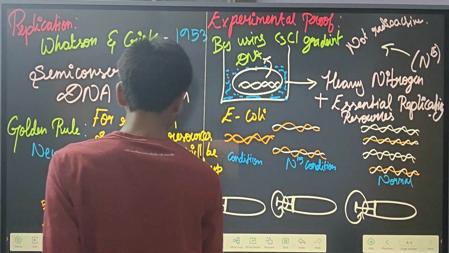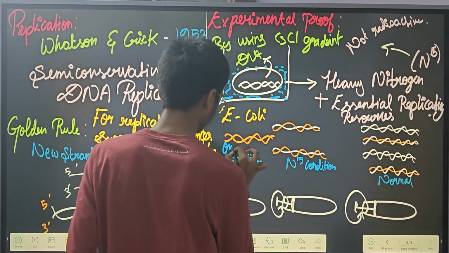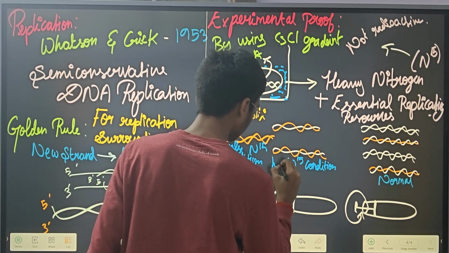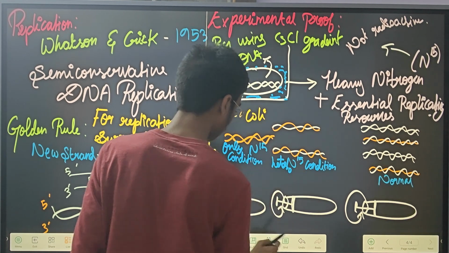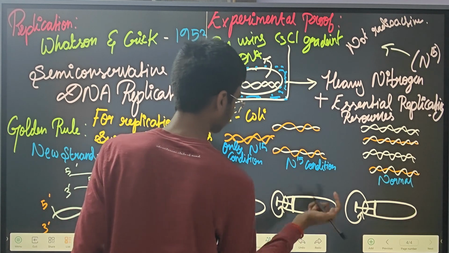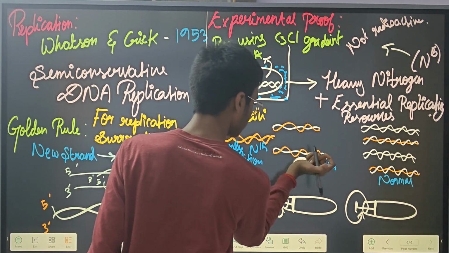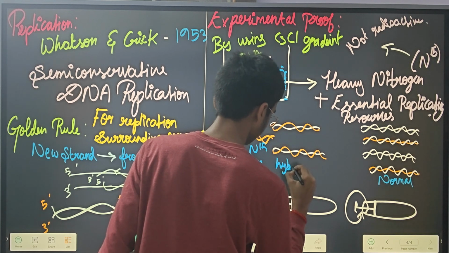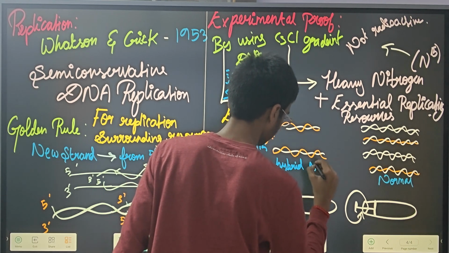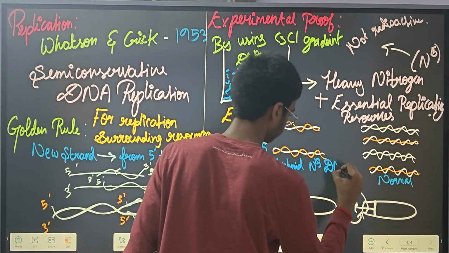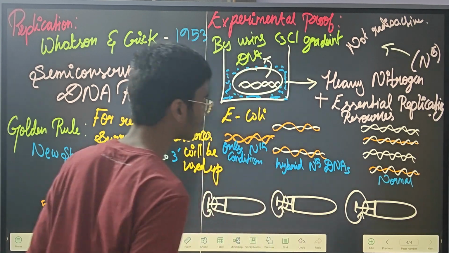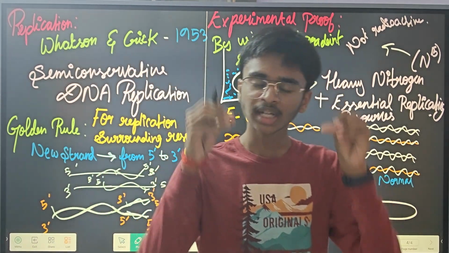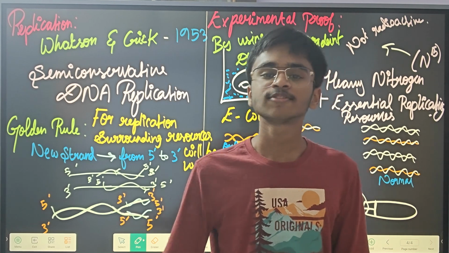So here only nitrogen 15. Here it is hybrid, I will write hybrid nitrogen 15 DNAs. Here it is actually 1N, only nitrogen 15s will be there.